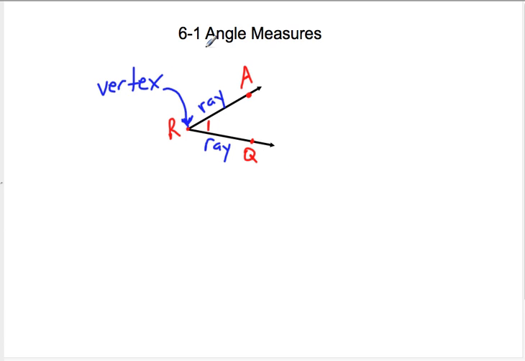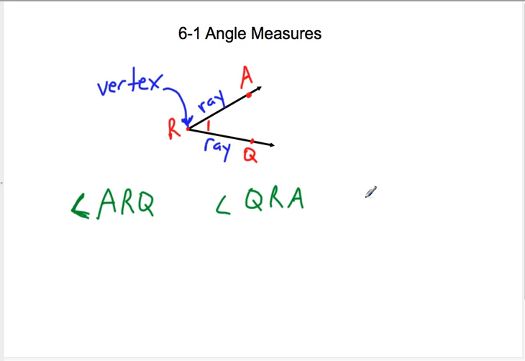There are several different names we can call this angle. The first name we could call it is angle, and this sign, not only is it a less than sign, but it's also a sign that means angle. We could call it angle ARQ. We could call it angle QRA.